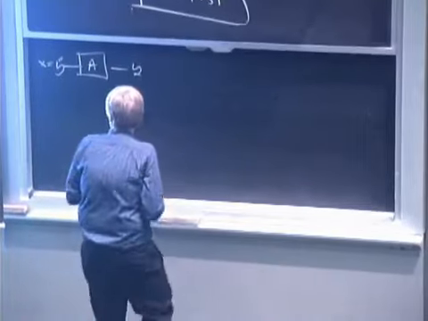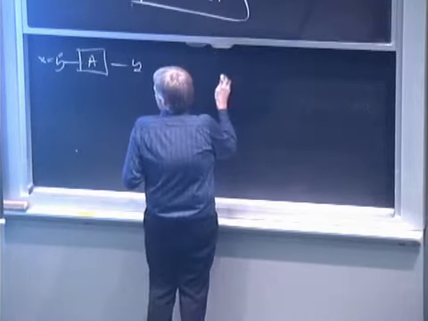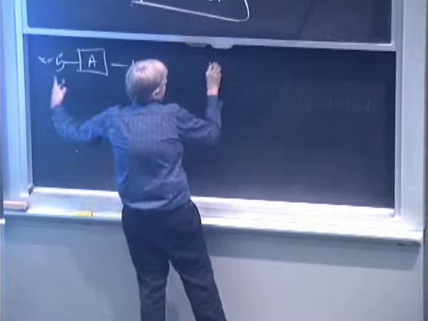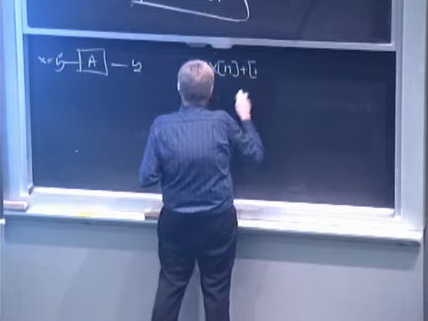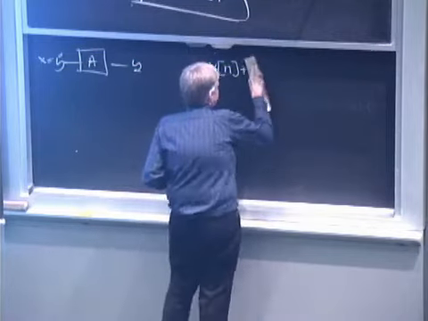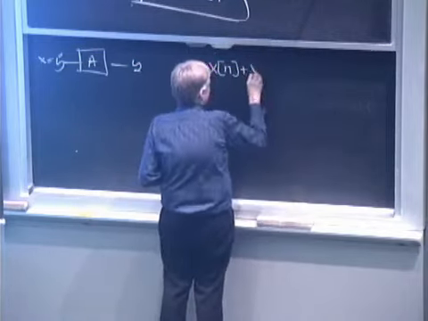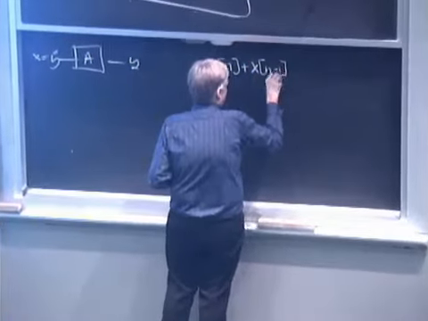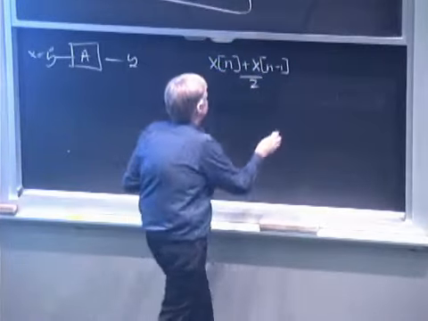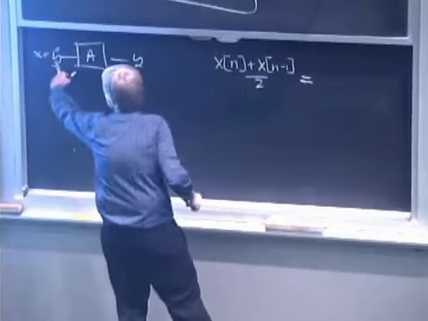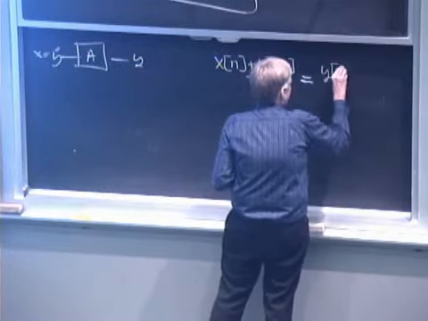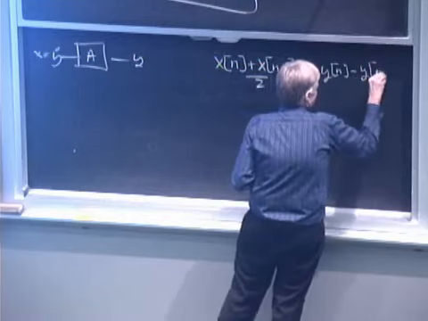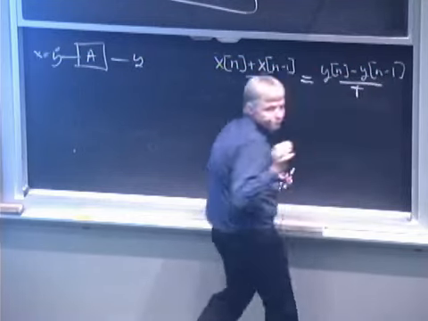Except now what I'm going to want to say is that x, which I will represent as the average of the nth and nth minus 1, should be constrained to be the derivative of this guy, which I will do by looking at the corresponding values of y.